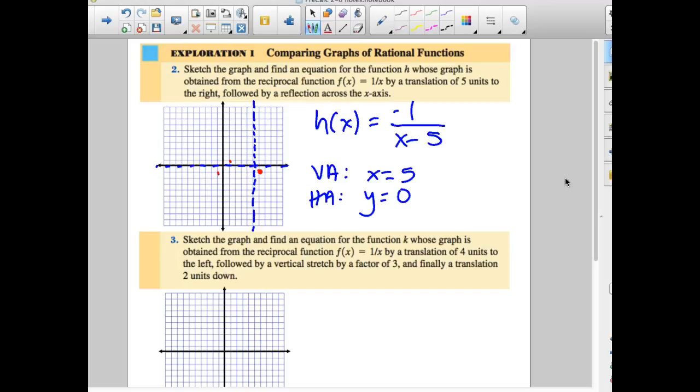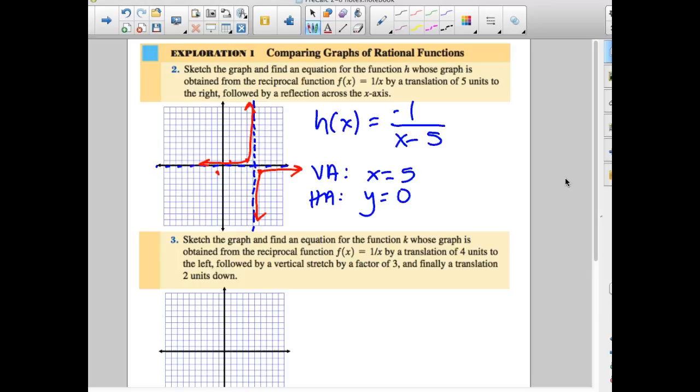And if I take my negative 1 point, right 5, and reflect it over the x-axis, it puts it here. So I'm going to have a branch down here, and I'm going to have a branch on that side. Questions about that?